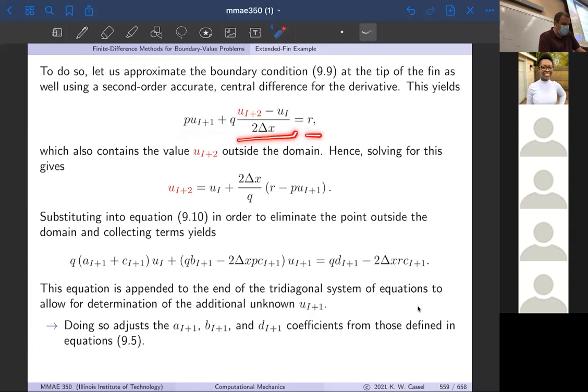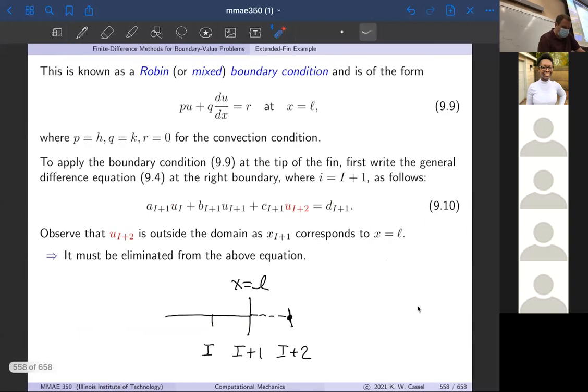And that's equal to R. And you notice there's a U I plus 2 in there. So if I just solve this for U I plus 2, the ghost point, the point outside the domain, then I could substitute that into the previous equation and eliminate the U I plus 2. So that's exactly what we're going to do. I'm going to solve this equation from the boundary condition for U I plus 2. Easy peasy. And I get this.